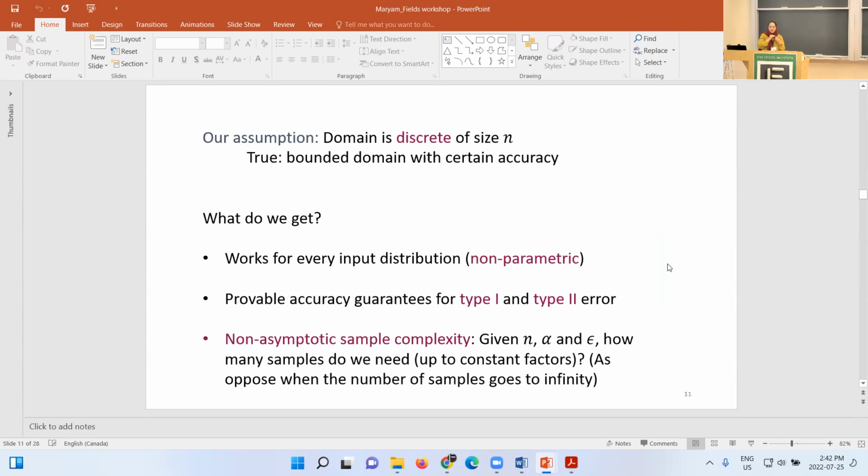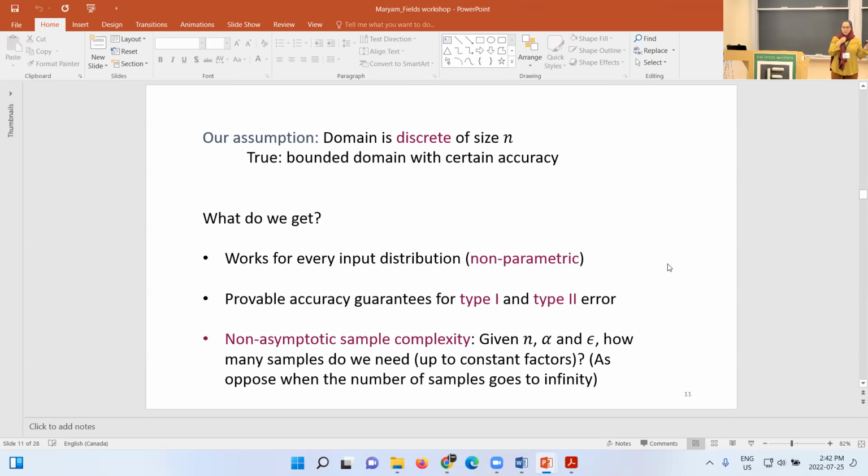Adam Gross gave a talk this morning, which was very interesting. Because it was on a very similar topic, I just want to highlight the differences between our setting and what I understand from his talk. The main assumption that we are making in this work is that the domain is discrete.